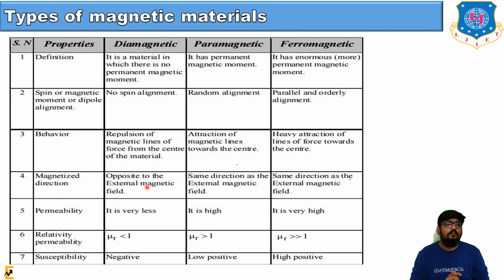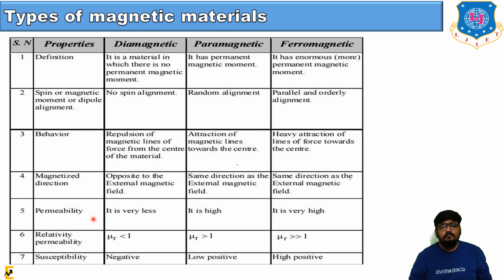Magnetized direction: the magnetic field generated inside opposes the external magnetic field in diamagnetic material, and that is the reason why the external field cannot penetrate. Whatever magnetic field is generated is opposite to it, whereas in paramagnetic and ferromagnetic material, the generated magnetic field is in the same direction.